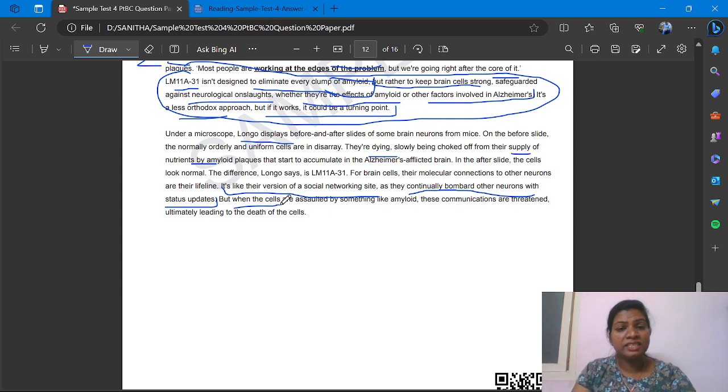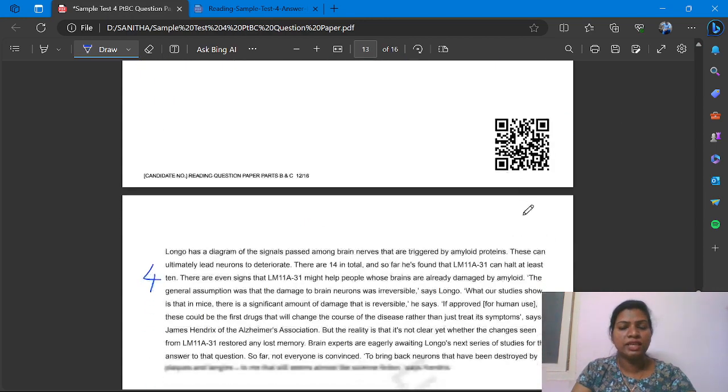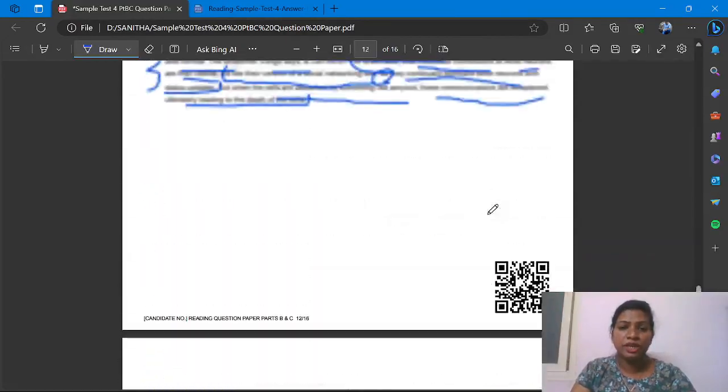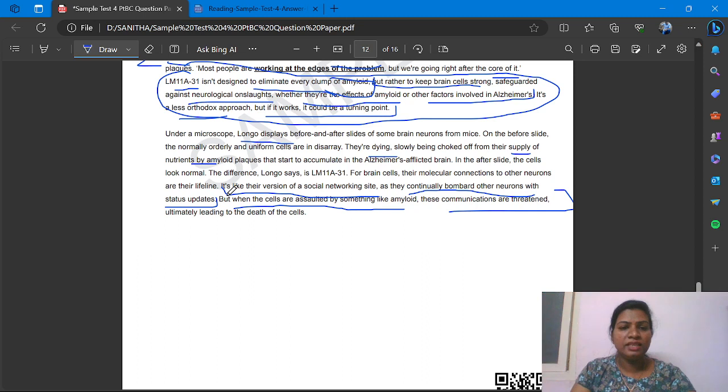But when the cells are assaulted by something like amyloid, these connections are threatened. It is not saying it quite like that, so you can read once more.